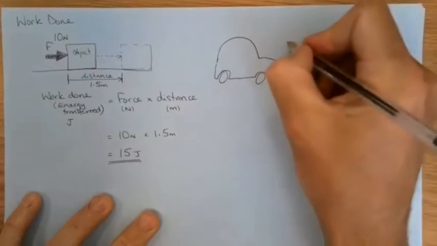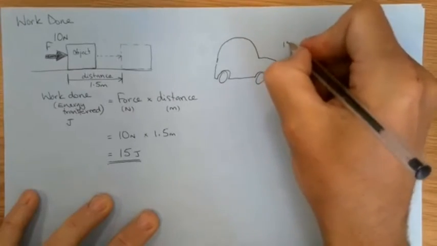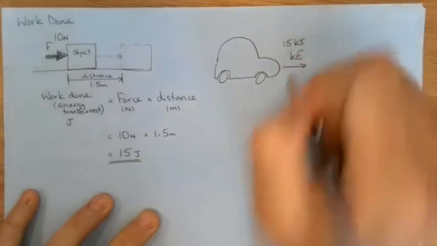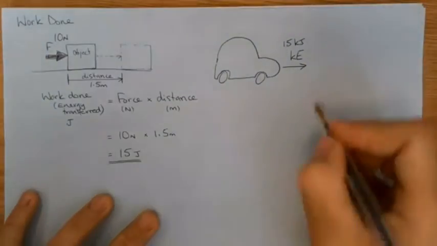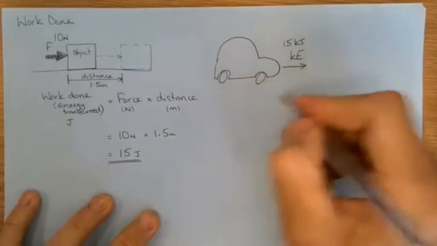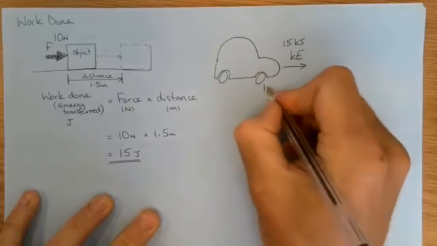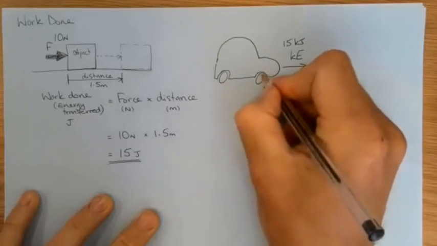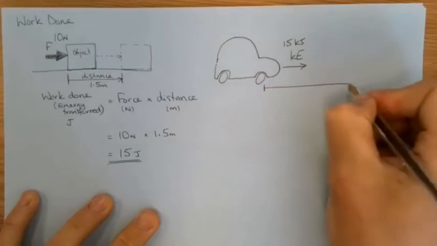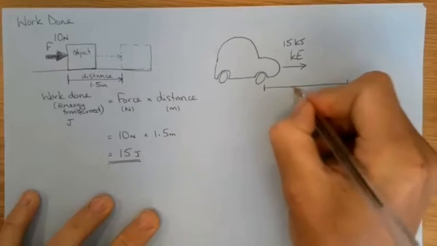Let's say it is 15 kilojoules, so 15,000 joules of kinetic energy. And suddenly the driver sees something and applies the brakes. So the brakes go on, and the car stops in 7 meters.